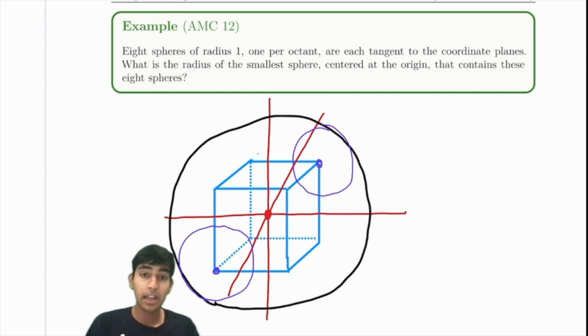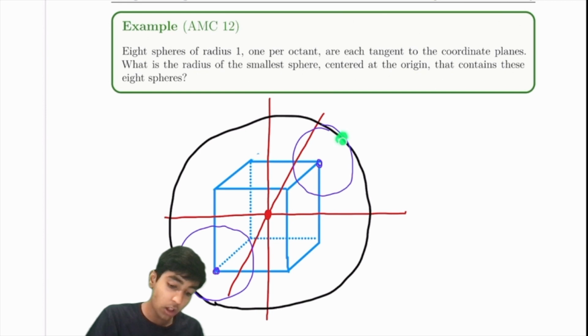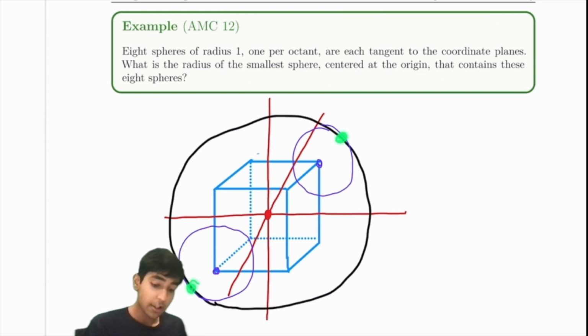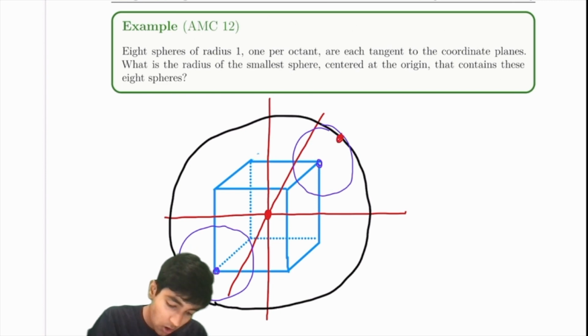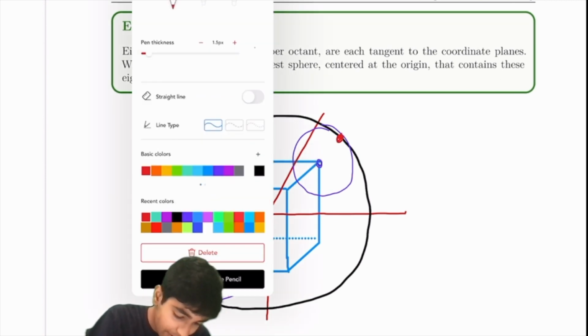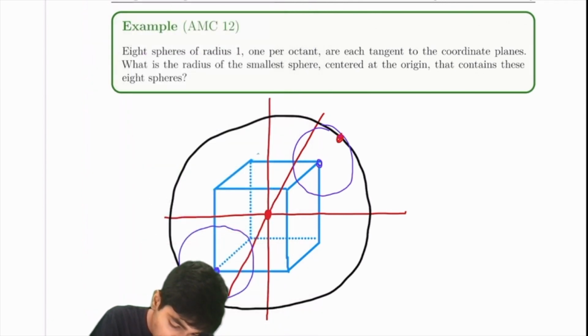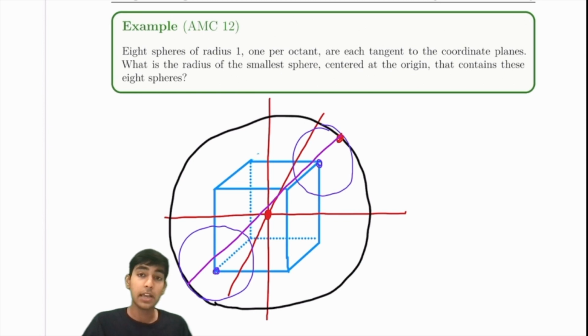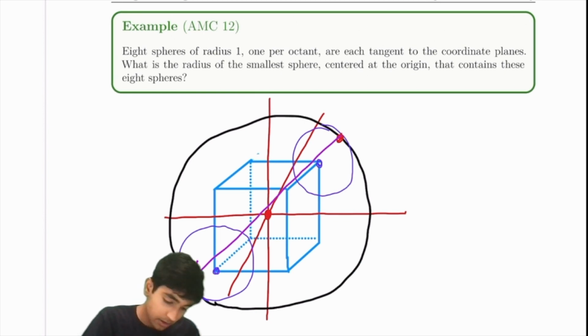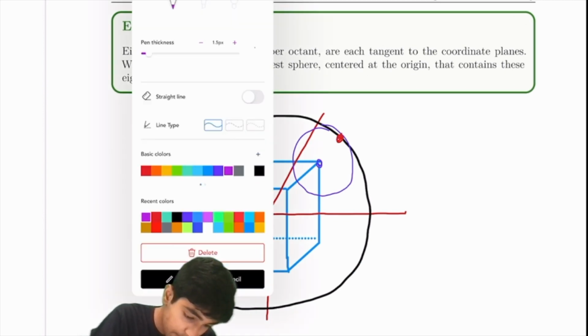So to find the sphere, we must have that it goes all the way from here to here. So what that actually means is, from here all the way till here, let's not use red, that is going to be the diameter. And let me draw that a bit better.